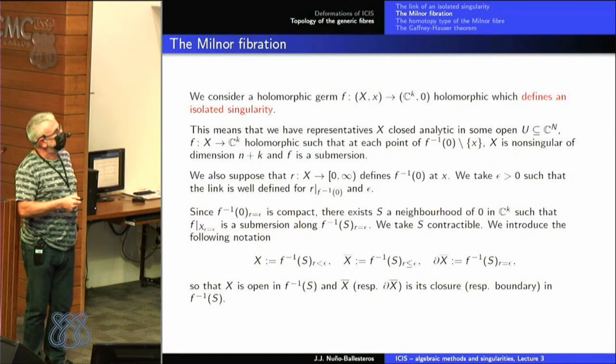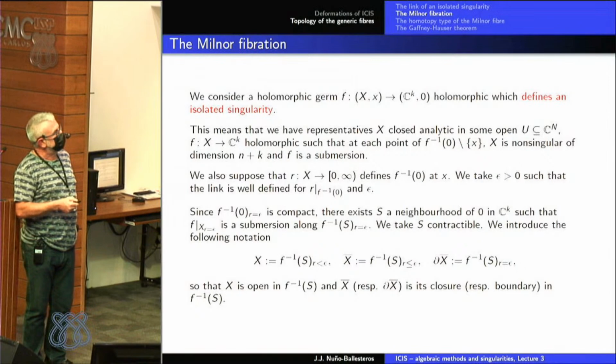Because this f^{-1}(0) sub r equal epsilon is compact, and this is a submanifold, this is smooth, then we have a neighborhood S of the origin in C^k such that the restriction of f to this submanifold is a submersion along this inverse image of S. Moreover, we can take S contractible.